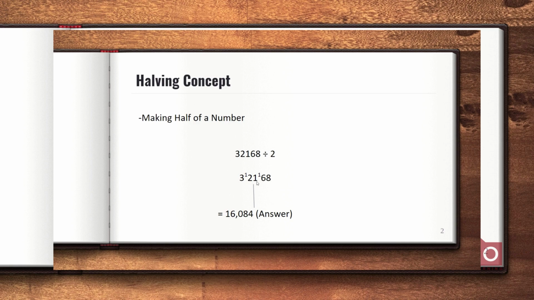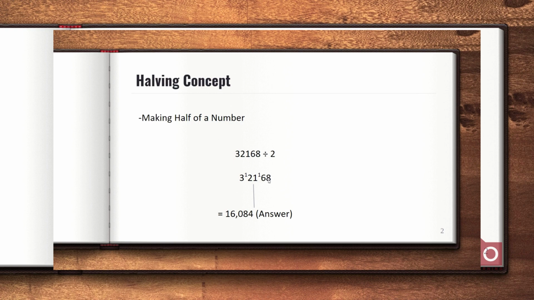Moving forward, the next digit is 1, which when divided by 2 gives us a quotient of 0 and a remainder of 1. Now this 1 and 6 becomes 16, which when divided by 2 gives 8 as a quotient and 0 remainder, hence no digit over here.